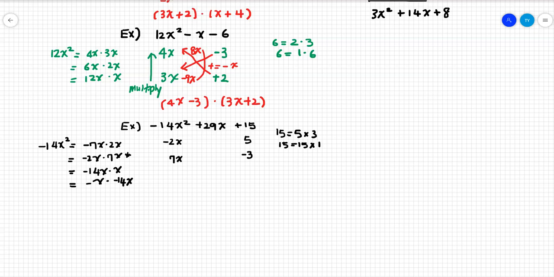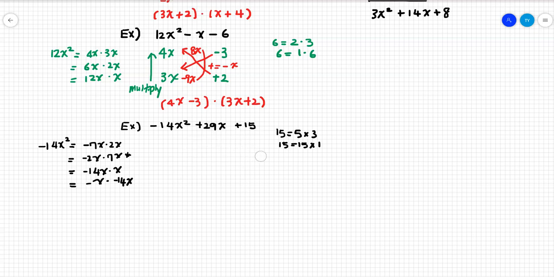Now the problem here is that we have 5 times 7x. If I cross multiply, I get 35x. Then minus 2x times minus 3 gives you a positive 6x. So you're going to get 41x instead of 29x, right? So this is not a good combination. We're going to have to try another one.